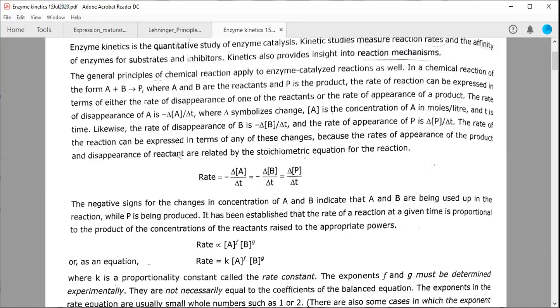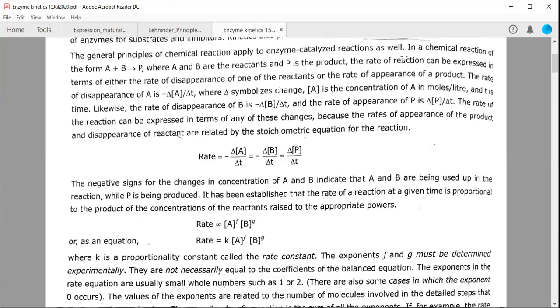The general principles of chemical reactions apply to enzyme-catalyzed reactions as well. We know some simple chemical reactions, but enzymes, the biocatalysts, the proteins present in living systems, follow the same mechanism. They increase the rate of reaction as in normal reactions, but they increase it several folds so that the reaction can be completed in less time.